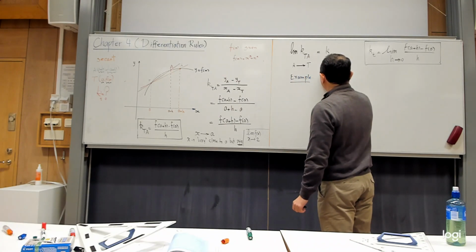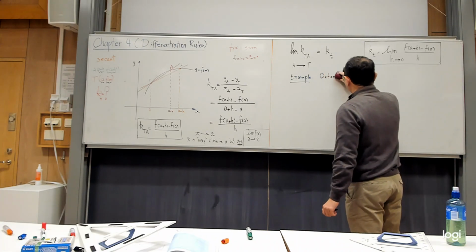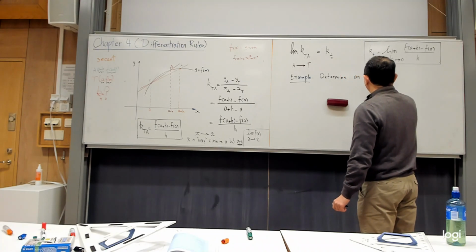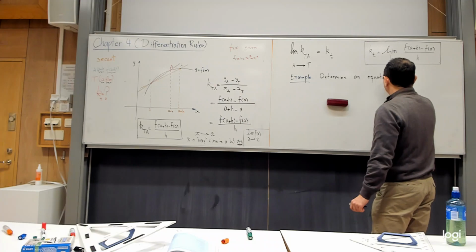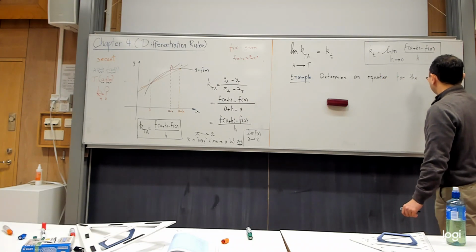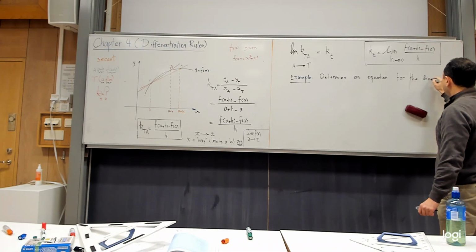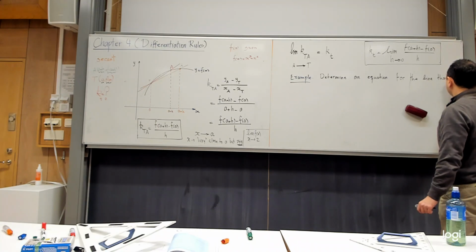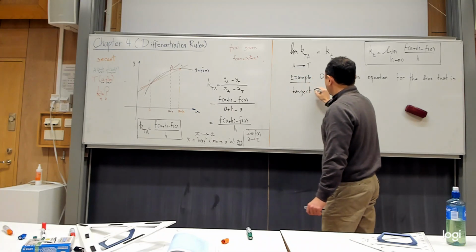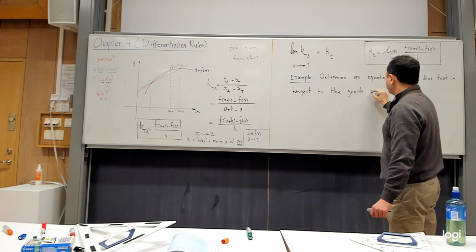Determine an equation for the tangent line, for the line that is tangent to the graph of the function.